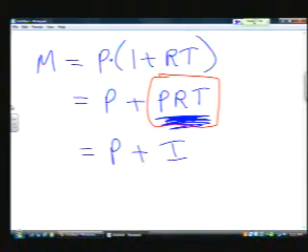This is a simple interest note. The maturity value, in your own words. Now, you can't use the word principal, and you can't use the word interest. So what is the maturity value of a promissory note or a simple interest note?